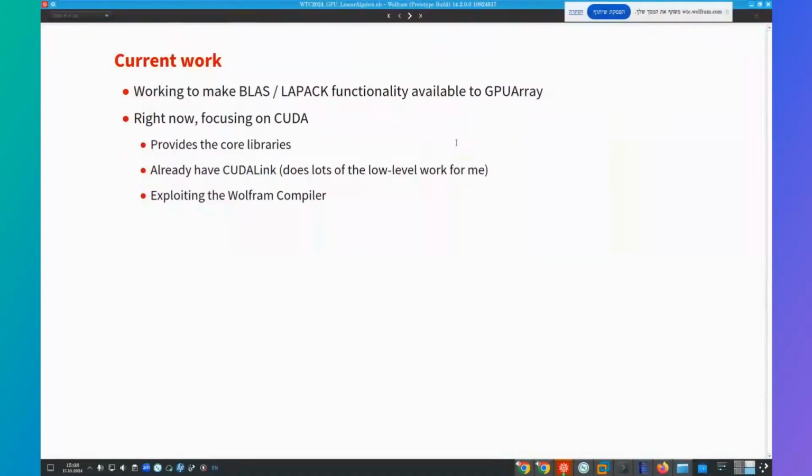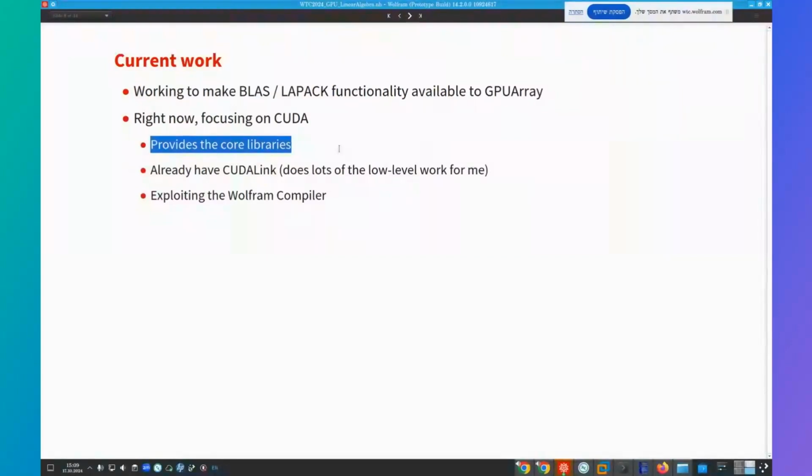But Apple's Accelerate is CPU only, so it's not really going to be very helpful in doing GPU linear algebra. So CUDA provides us with the core libraries we need to do efficient implementations of higher level functions like linear solve and singular value decomposition, etc.